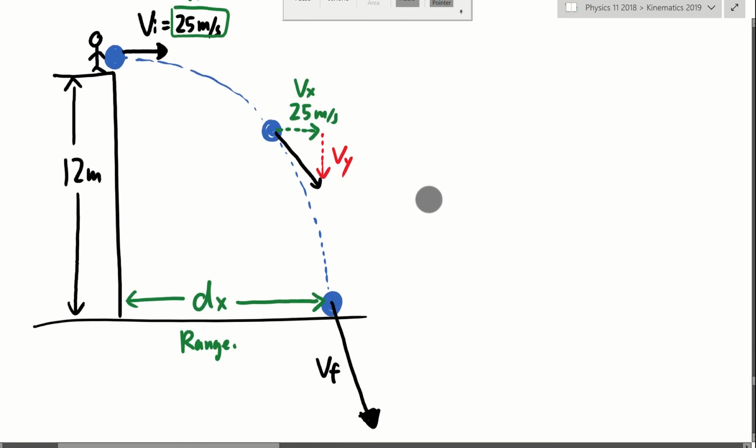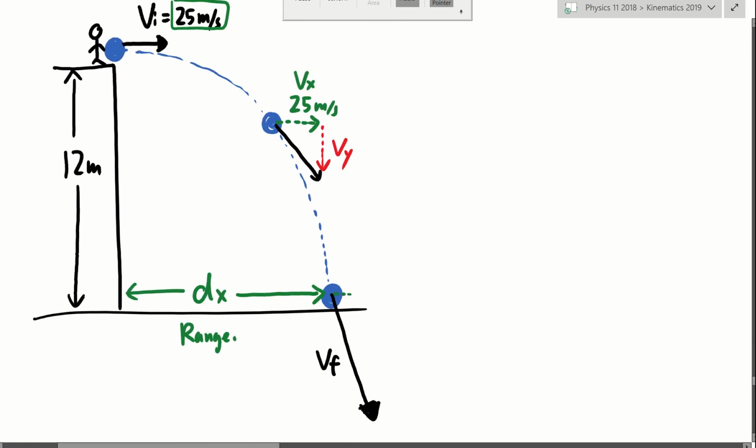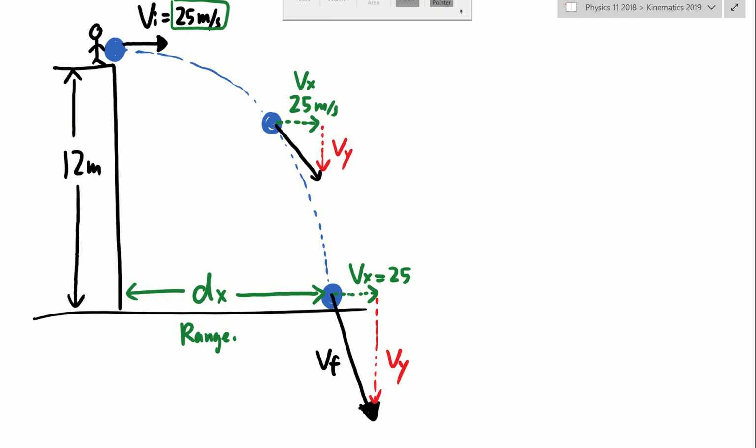Remember, that is the observation that we have from our simulation. So your Vx is always 25. Even the moment before you hit the ground and break a hole in it, it's still just 25. So your Vy is doing crazy things, but your Vx is 25, 25, 25 from the beginning to the end.